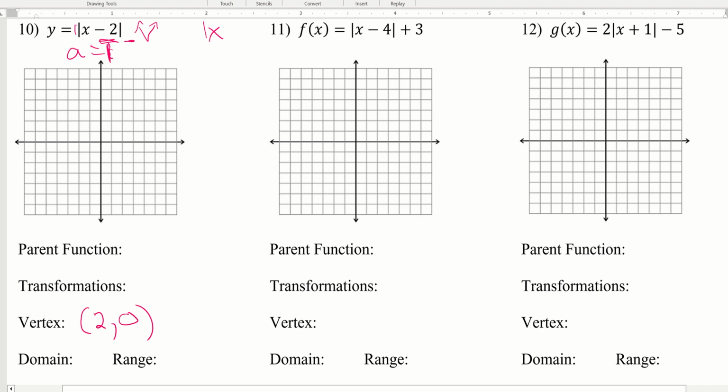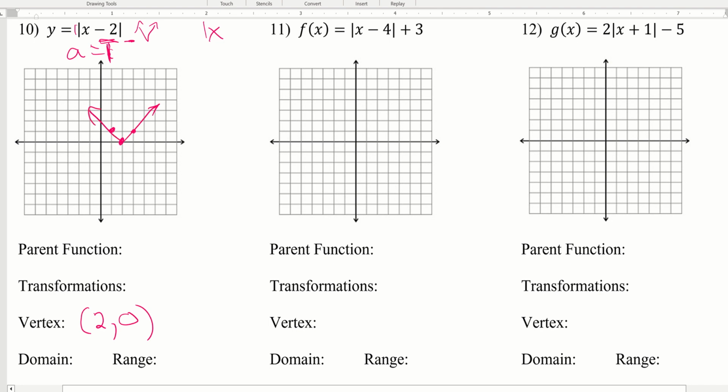So that on these graphs is my slope. Okay, so my vertex is at 2, 0, so I come out 2, 0, and my slope is 1. So since I know this is an absolute value, I'm going to do a slope of 1, so rise 1, run 1, and I'm going to reflect that over my axis of symmetry. So I'll reflect it over to this other side, and there you go. That's my first graph.